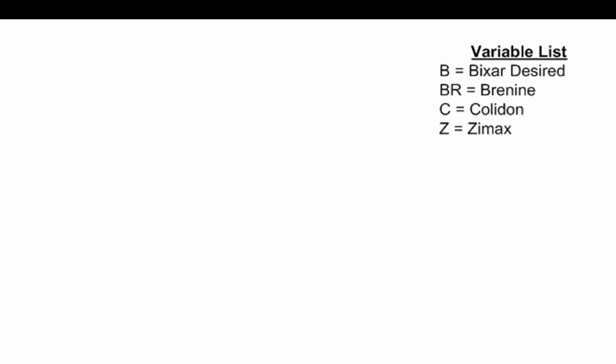The first step is to put my variable list. So now B is pixar desired, BR is Brennan, and so on. So you got the idea. This is the first step I need to do when I'm drawing a flowchart, and you will get points for those. So don't miss those little ones because they might affect your grade. Make sure that you get every single point.